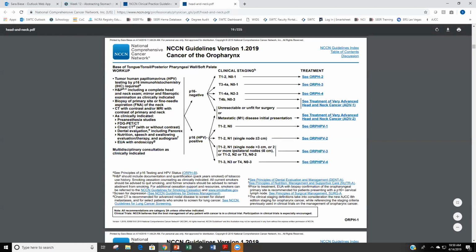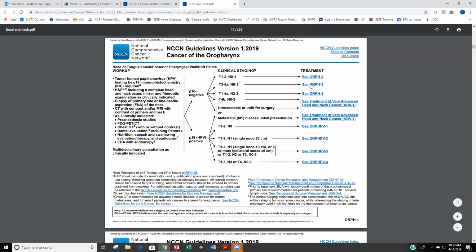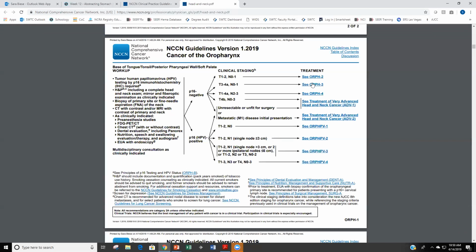So this is the workup that the patient could have. And then we go biopsy. Is it P16 negative or is it P16 positive? Okay, and then we go by clinical staging. What is the staging? And then that's where we have to click on the specific one for that stage.